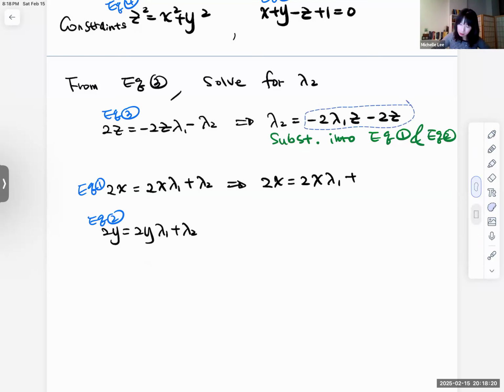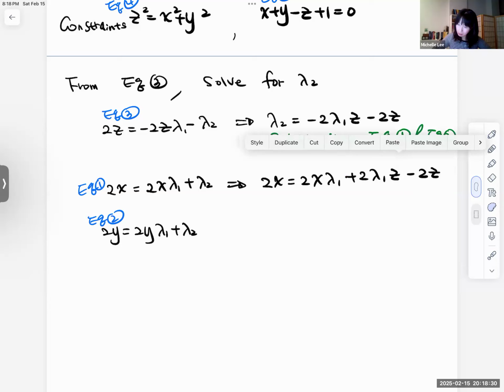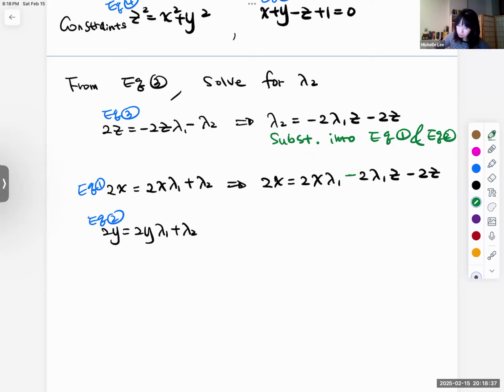I wanted to make a different color, but let me just highlight. Negative, right? Now equation 2: we have 2y equal to 2y lambda 1 plus lambda 2.